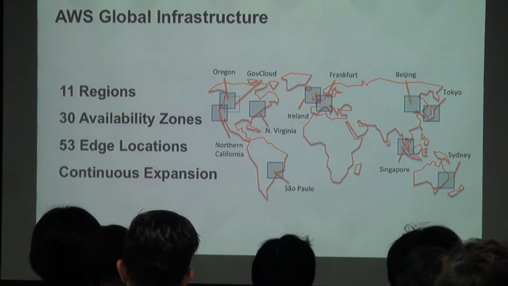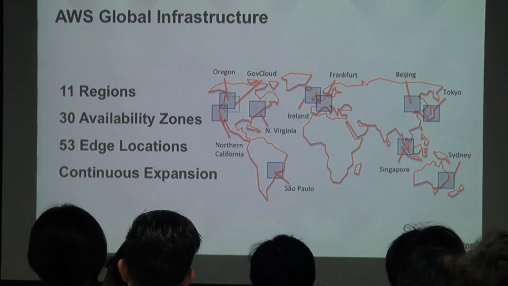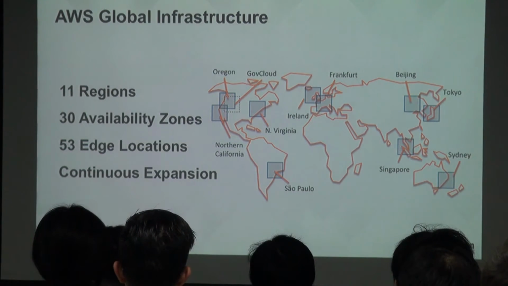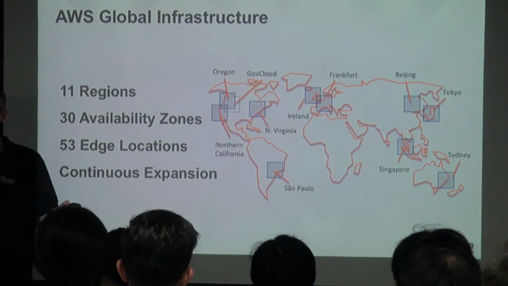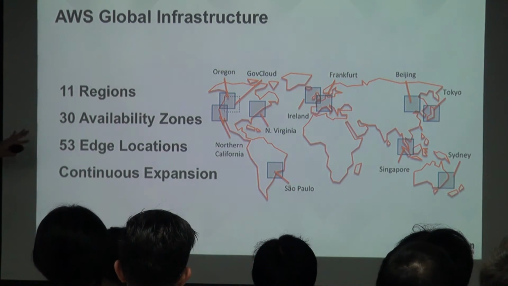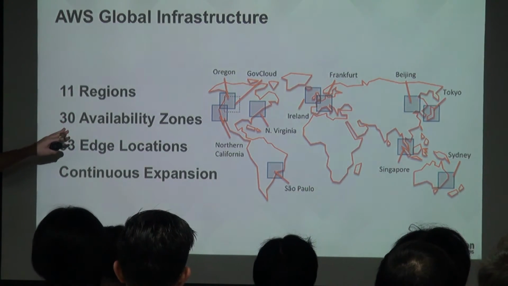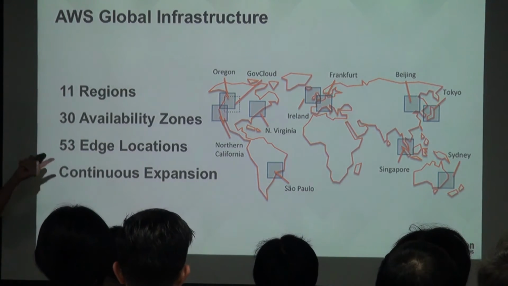Now within those regions, we actually have a concept called availability zones. And this is fairly interesting because going back to the concept of building a stream that is highly available, if we would only have one data center here, then obviously that wouldn't be highly available, because if the data center is down, then all the stream would be unavailable. So what we do is we build individual clusters of data centers within those regions. And every region always has at least 2 or more of those availability zones.